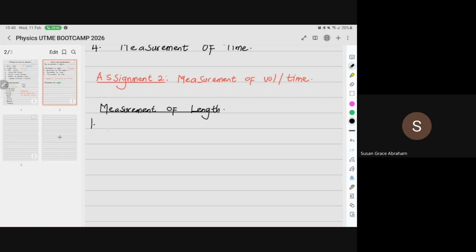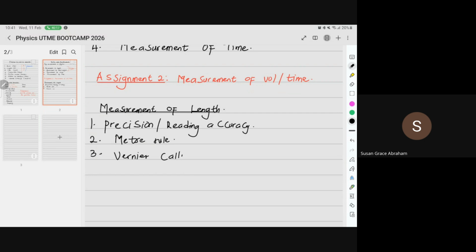So number 1, I'm going to look at precision / reading accuracy. Then the second one, I'm going to look at your meter rule. The third one, I'm going to look at your vernier caliper.